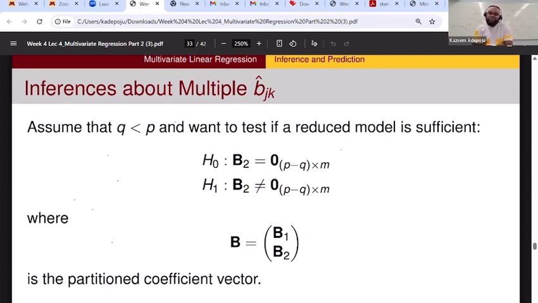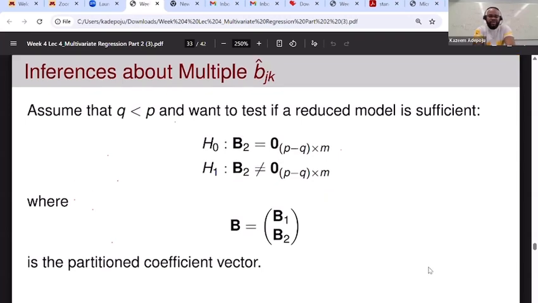We can also do the same by testing hypotheses between two competing models. And of course, the complicated one is going to have p parameters, and the reduced one is going to have q parameters. So if I look at all the parameters together, I'm expecting it's like I'm partitioning.